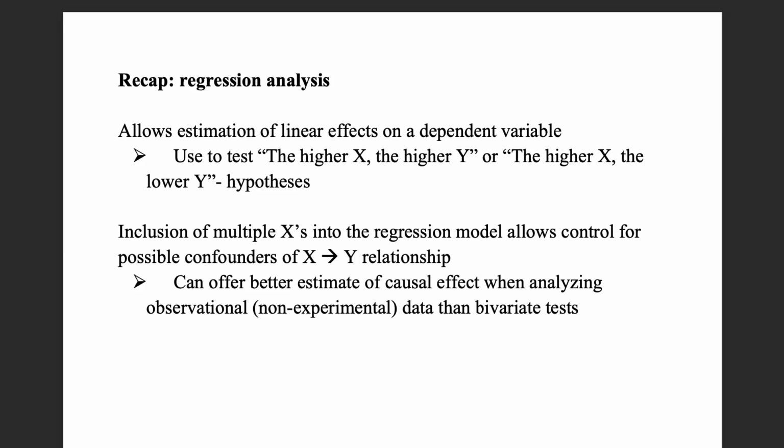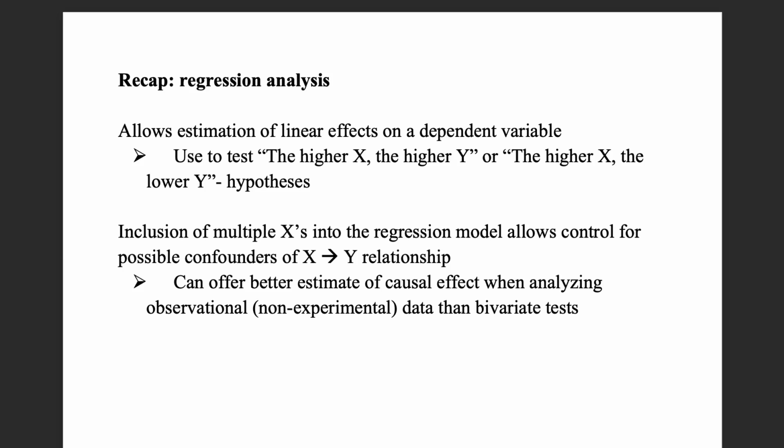Which means that if we want to make causal claims, then we have to worry a lot about potential confounders, so variables that might have an impact on both our dependent variable and on our independent variable, which may lead us, for instance, to find a relationship between x and y even though there is no relationship, because we did not take into account such a confounding variable.